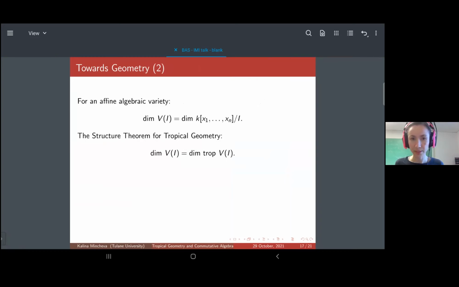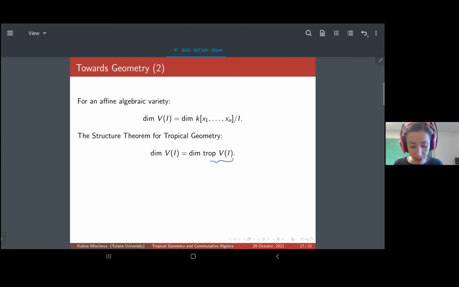So for this, I want to say a couple of things. We know in algebraic geometry that the dimension of the variety is the crude dimension of the coordinate ring. And there's a theorem called the structure theorem for tropical varieties that says that the dimension of the variety is the same as the dimension of the tropical variety.